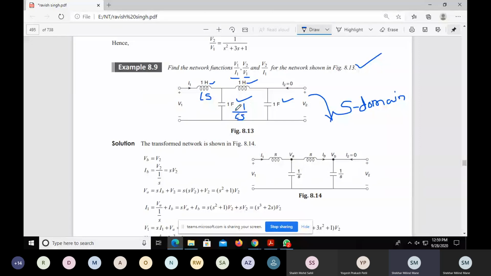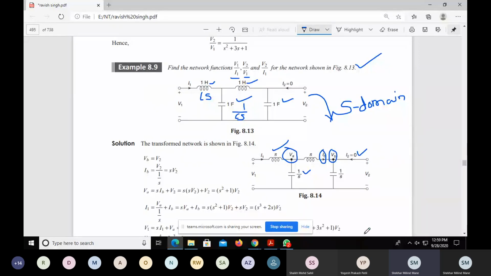The value of C is 1 and the value of L is 1, so only S will be there, and only 1 by S will be there. And these are our assumptions: VA, IB, and VB. I2 is equal to 0 is already given.